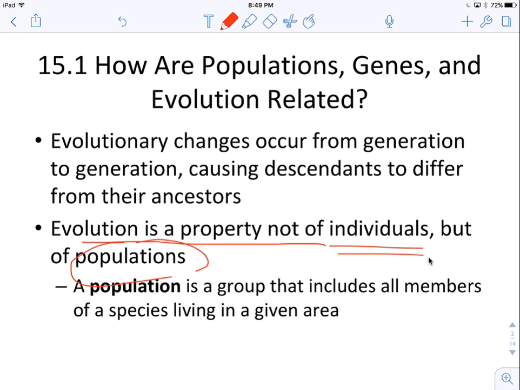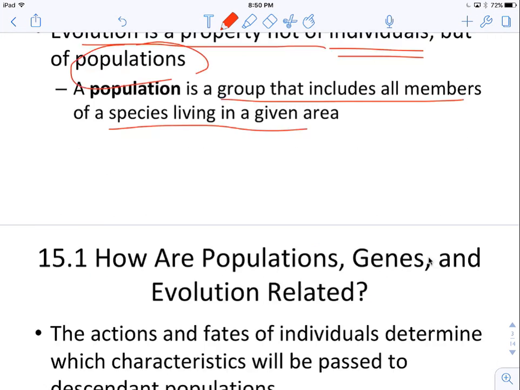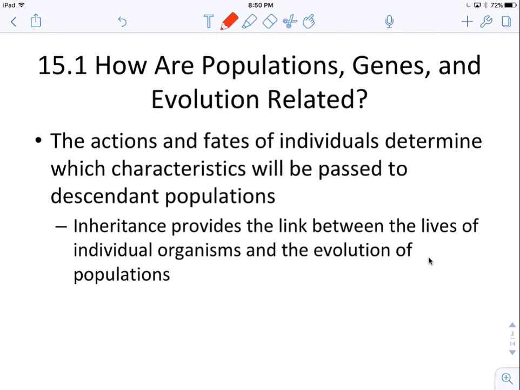So populations can evolve, individuals can't evolve. And just a reminder, a population is a group that includes all the members of a species living in a given area. So the actions or fates of individuals determine which characteristics will be passed on to populations.